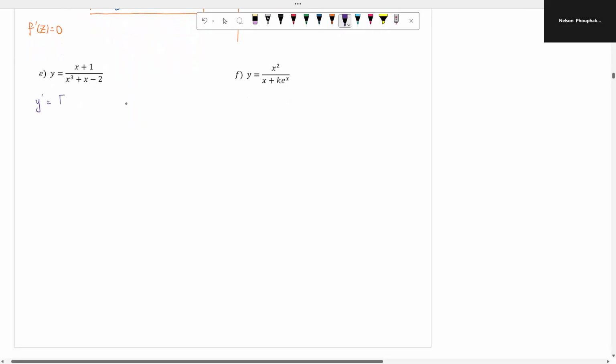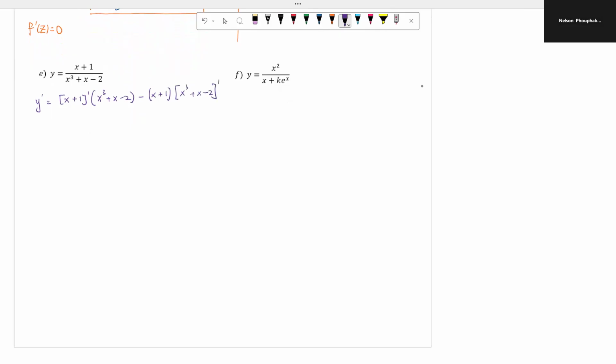I will have the derivative of x plus 1 times x to the power 3 plus x minus 2, minus x plus 1 times the derivative of x to the power 3 plus x minus 2, all over x to the power 3 plus x minus 2, squared.